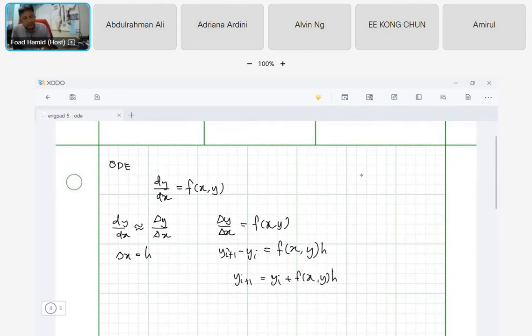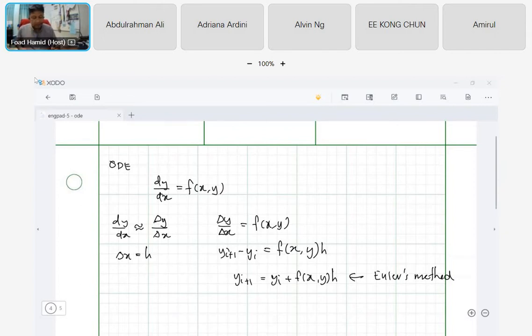So this is commonly known as Euler's method. Very simple, very straightforward.